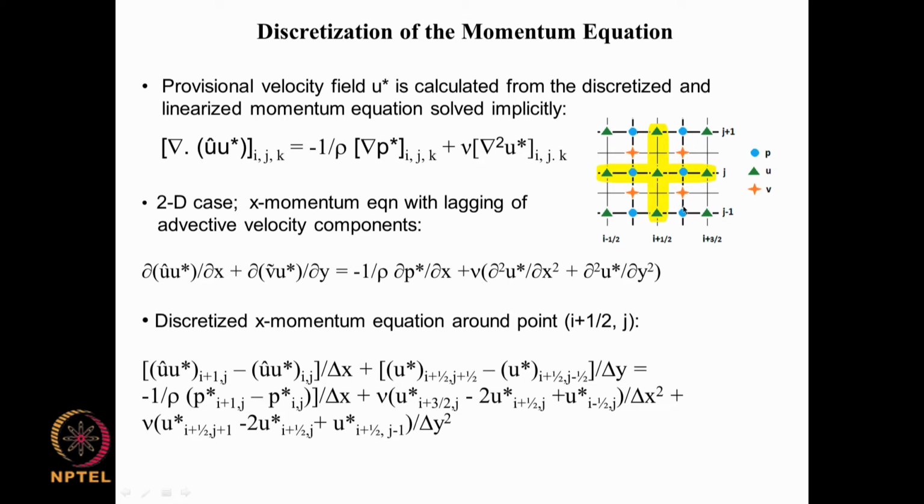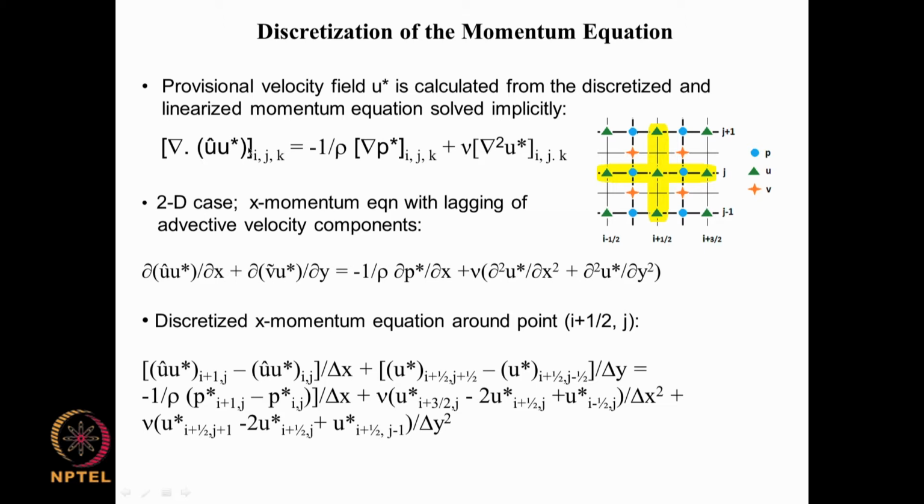On this grid, when we are discretizing the x momentum equation, this is the momentum equation, and we are taking the x component, and that x velocity at any location is denoted here by u star.